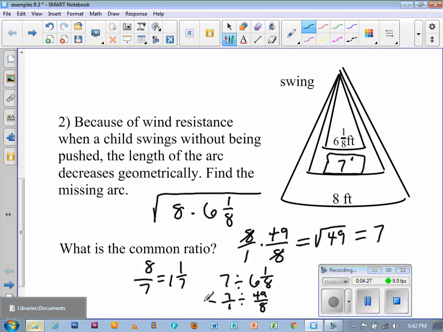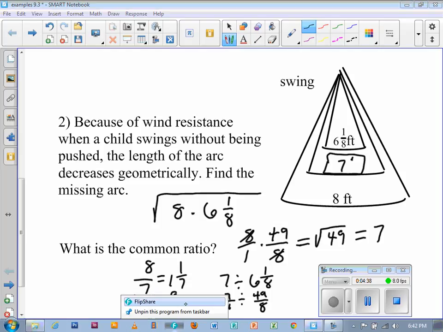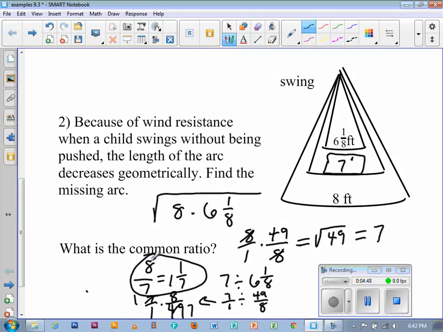And remember how you divide fractions. You get 7 over 1 times 8 over 49. And then 7 goes in the 7 once, and the 49 7 times, so you end up with your 8/7 that way. So it's consistent, but 8/7 or 1 1/7 would be your common ratio.